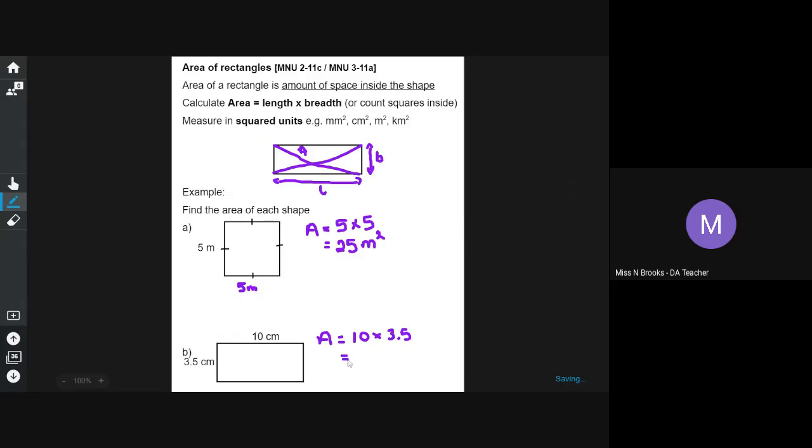Now we know that if we're multiplying by 10, we're taking that decimal point and we're jumping it one jump. So it means that our final answer is going to be 35 centimeters squared. And that's all there is to it.